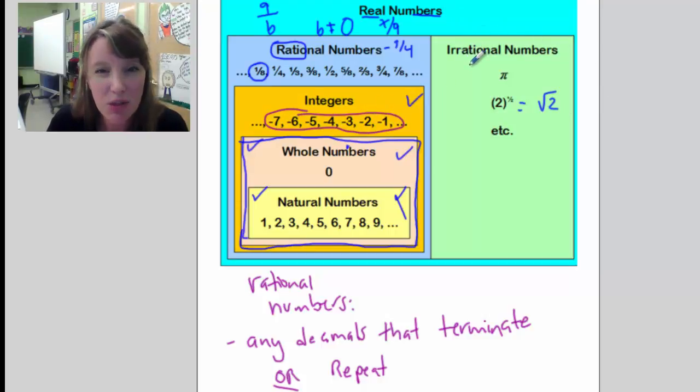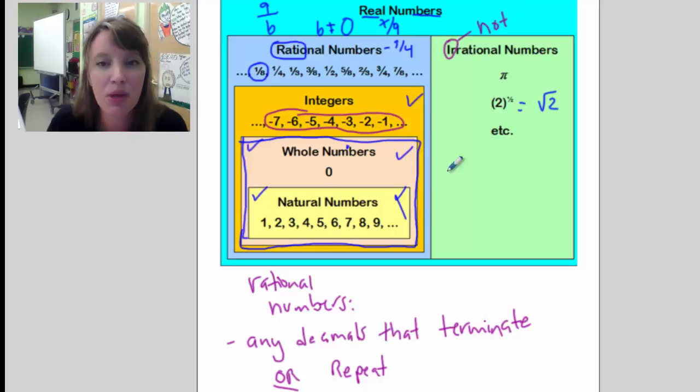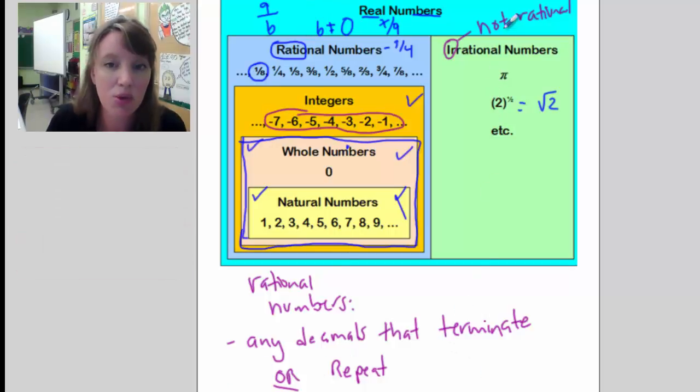So irrational numbers are defined by the rational numbers because what this prefix here, ir, means is not. Okay, so irrational numbers are numbers that are not rational. What does it mean to be not rational? Well, the definition of rational means it can be turned into a ratio. So irrational numbers means it cannot be turned into a ratio of two integers.